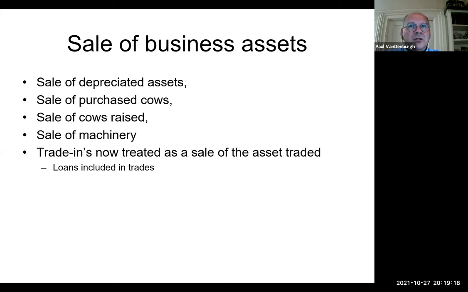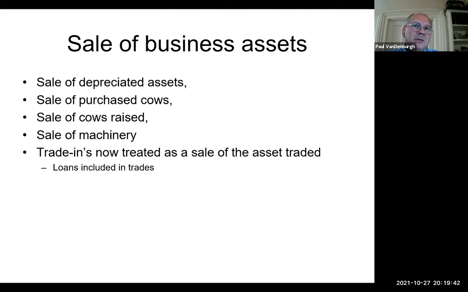The sale of a purchased cow or any purchased piece of equipment for that matter that's had previously deducted depreciation, that sale may result in no income. It could result in all ordinary income. It could have some ordinary and capital gain income.